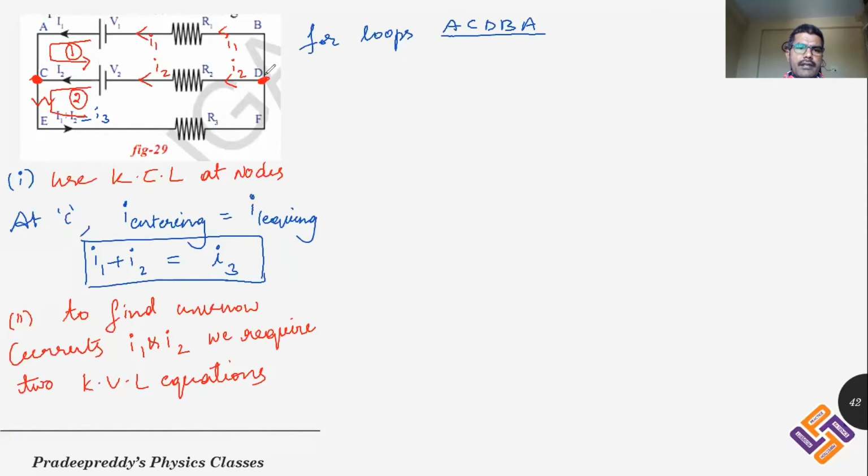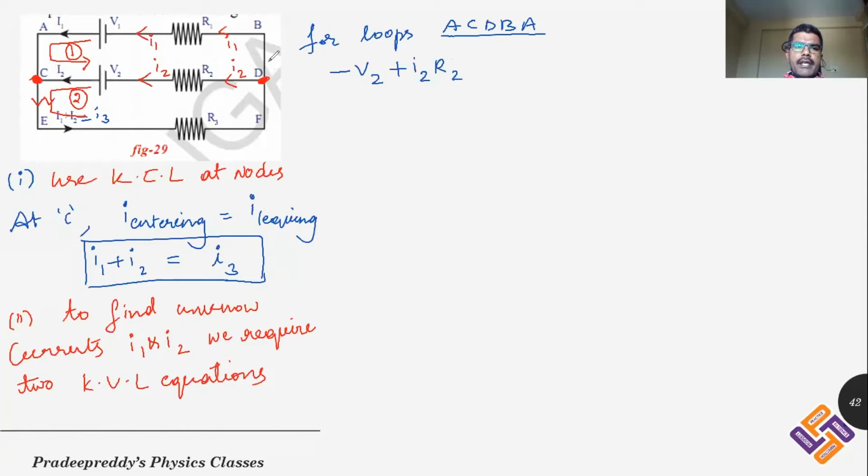From C to D, when you are traveling from C to D, you are going across the negative terminal of the battery, so you should write it as minus V2. Next, you are going opposite to the current direction in resistor R2 when you are traveling from C to D, so it is plus I2 R2.